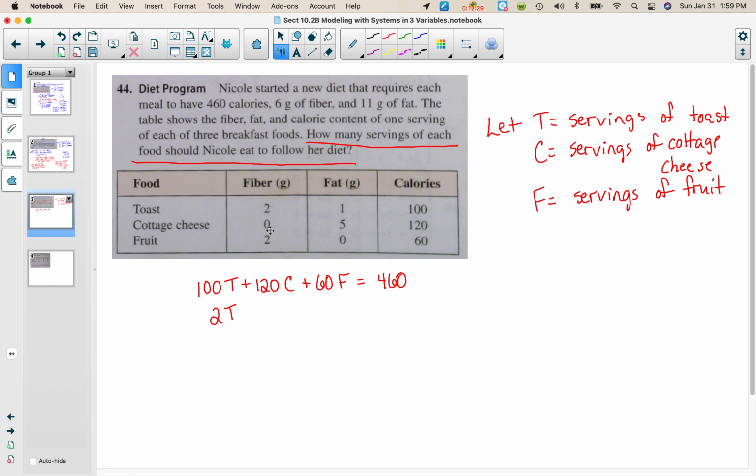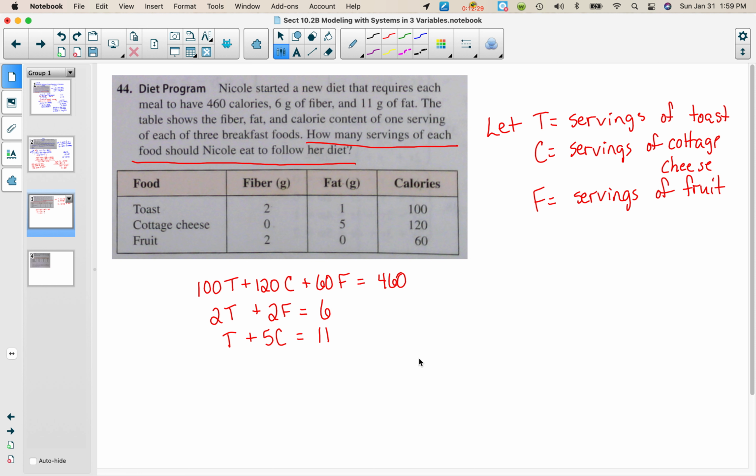There's not any in cottage cheese, so we'll leave that off, plus 2 grams of fiber for each serving of fruit, and she has a total of 6 grams of fiber. And then for the fat, we have 1 gram of fat for each serving of toast, so just T, and 5 for each serving of cottage cheese, and none for the fruit, and that total is 11.